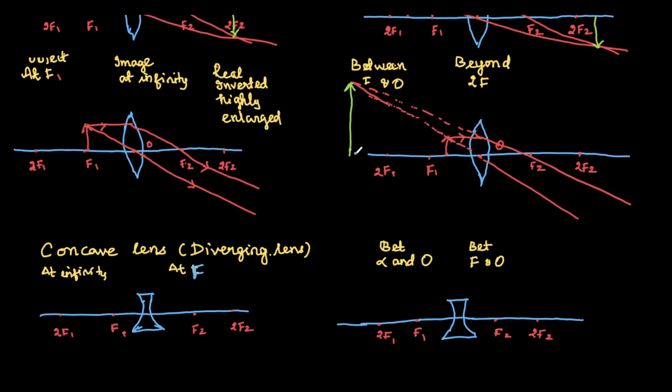It will be beyond 2F1. The image will be virtual, erect and enlarged. The enlarged image will be on the same side of the object. So the object is on this side, and on the same side you get a virtual, erect, enlarged image.